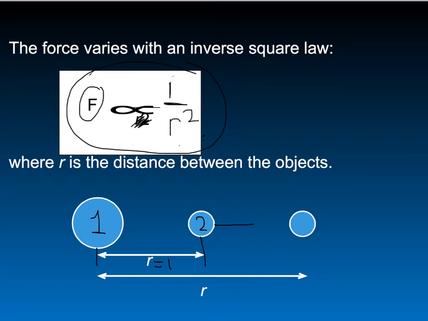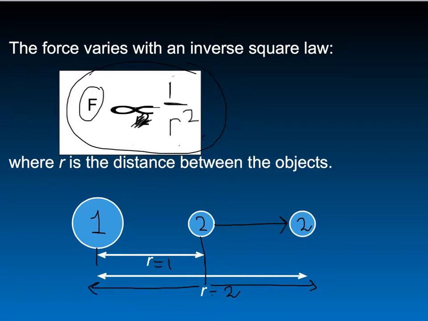If I then move object 2 out to here, then I have doubled the distance away from object 1. So I'm going to make that r equal to 2. I've gone 2 times the distance from object number 1.